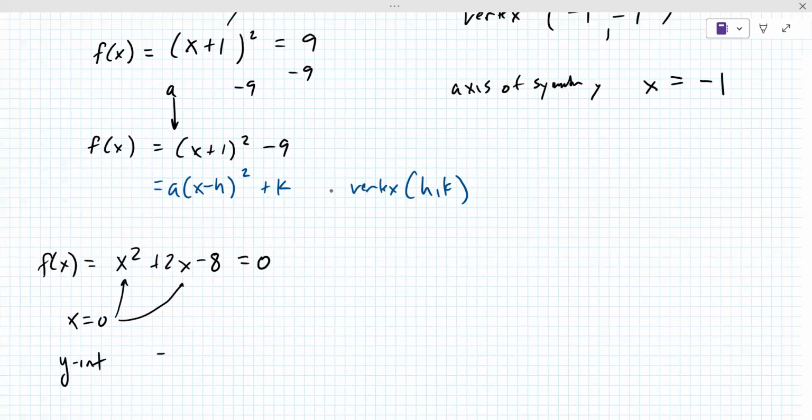So it just ends up being that last number there. Sometimes they want it as an ordered pair, so you can write 0, -8. Just depends on what your teacher wants.